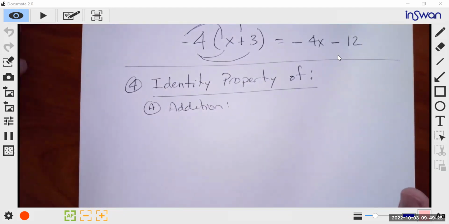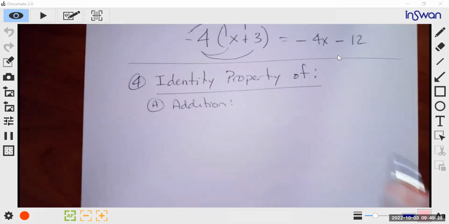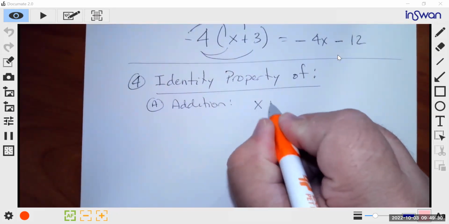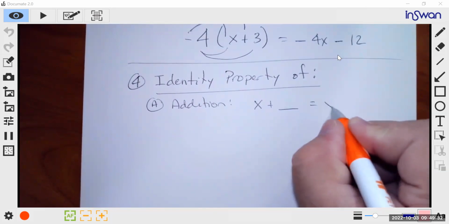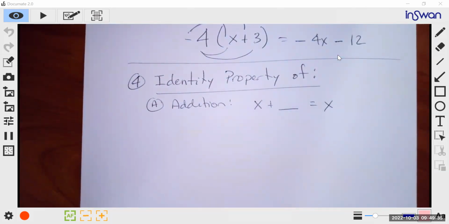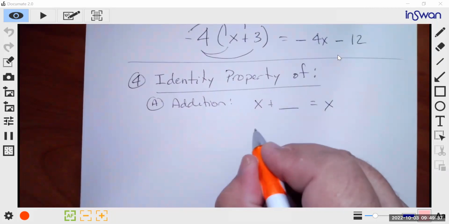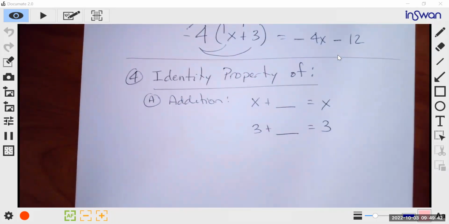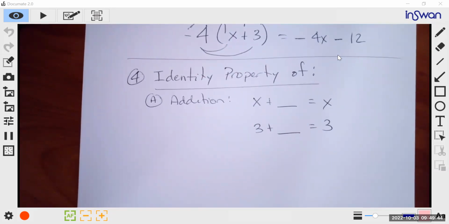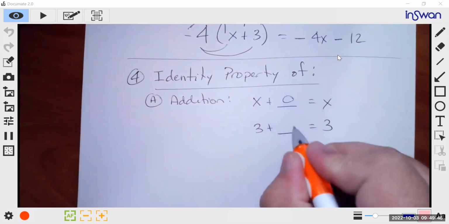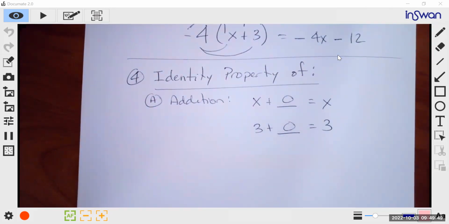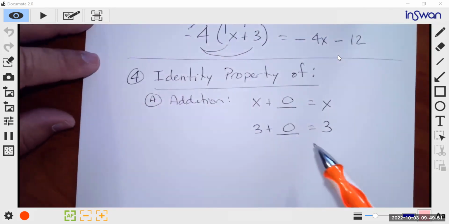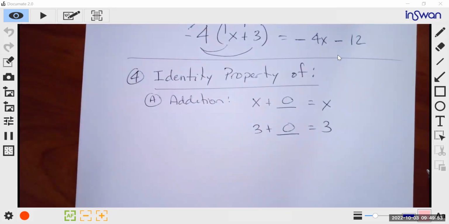It doesn't change what it is. So x plus what gives me x? Or 3 plus what gives me 3? 0. So the additive identity is 0. Because if you add 0 to something or subtract 0 from something, it doesn't change the number.